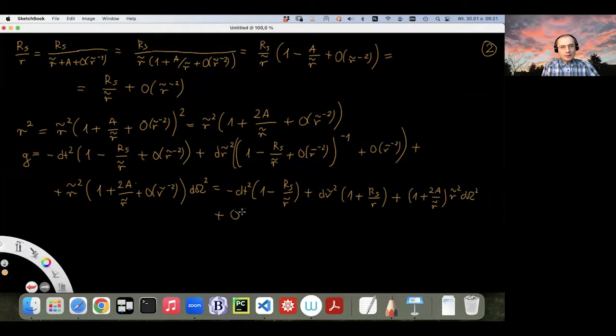And we were missing all the time terms of the order of r to minus 2. So there's a tensor of the order of r to minus 2 in terms of all these things here still missing.